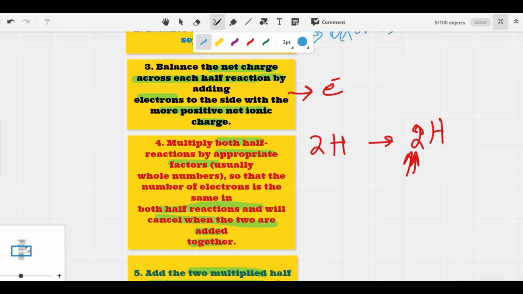Or in another example, here are 4 electrons and here is only 2 electrons, so you need to multiply it by 2. Why? Because of balancing the electrons on both sides.